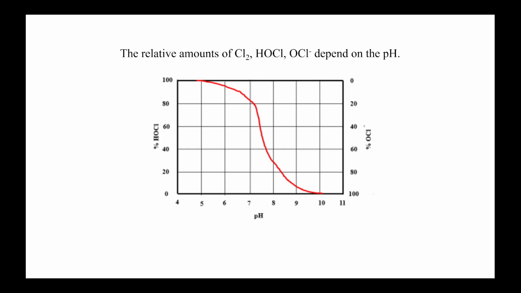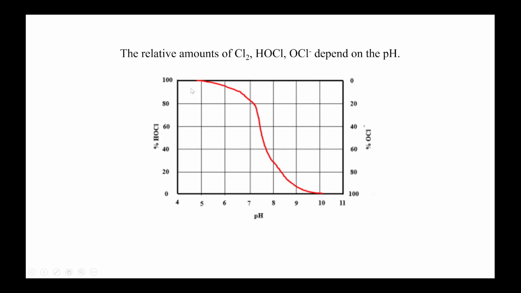So this is the graph that shows the relative amounts of HOCl, that is hypochlorous acid, and OCl minus, that is the hypochlorite ion. If you see, the HOCl percentage is decreasing with pH, and the OCl minus ion is increasing in percentage. This axis is written in opposite, so this is 0 and this is 100.